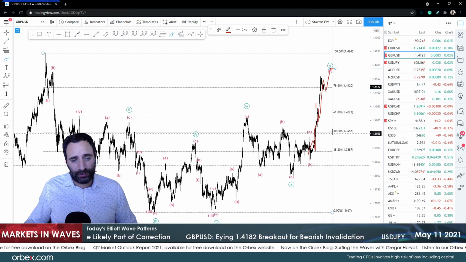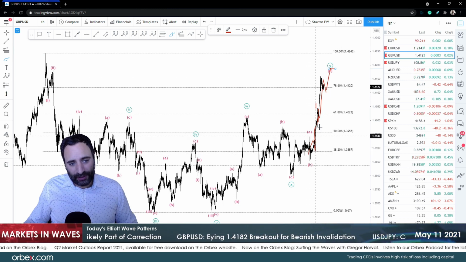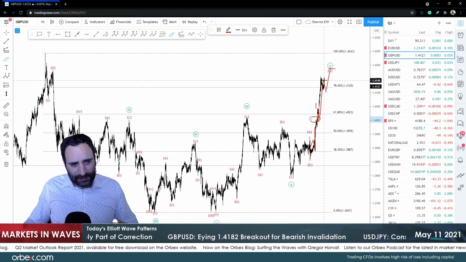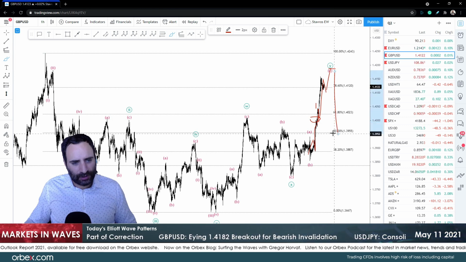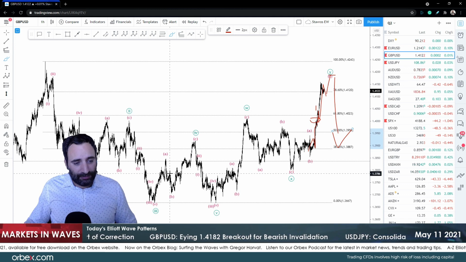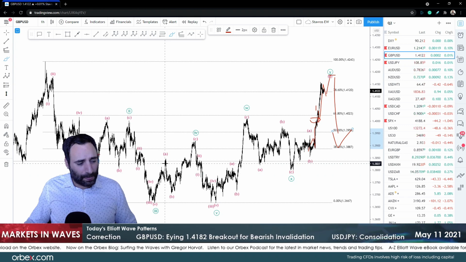It's possible, and that will be wave Y, because we could be looking at this interaction over here, meaning that wave 1 is here, which gives us a little bit more room to move to the upside before we start moving lower. But you know that I've been a bit bearish on pound, as I expressed yesterday as well.